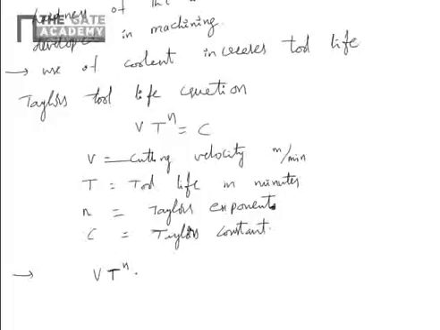There is another form of tool life equation extended to feed and depth of cut, Taylor's tool life considering feed and depth of cut. f is feed in mm per revolution, d is depth of cut in mm.